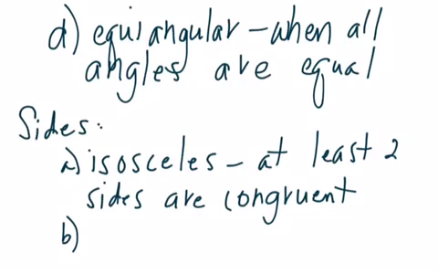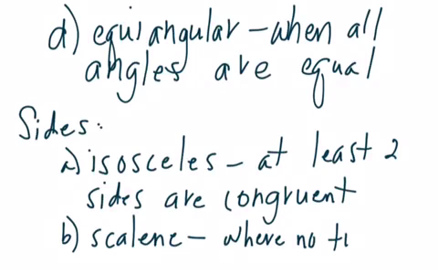You can have scalene, where no two sides are congruent.